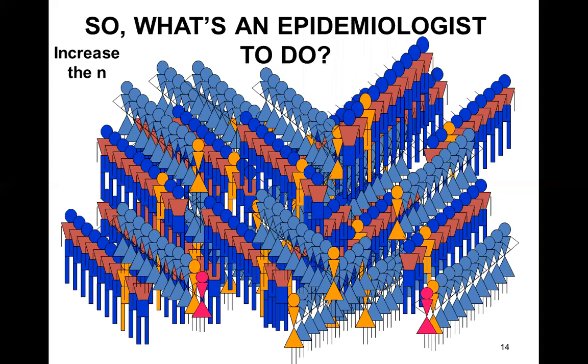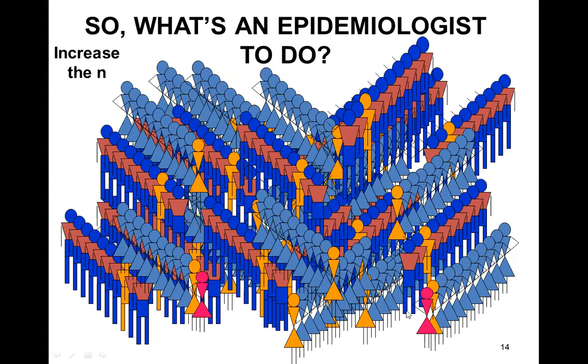But even with a rare condition, here's my pink lady. I have 2 pink ladies in the whole population that I'm looking at. So even if I increase the N, it's still going to be very hard to detect 2 cases, okay? So here we've got some blue men, we've got orange ladies, blue ladies, we've got everything in this population.